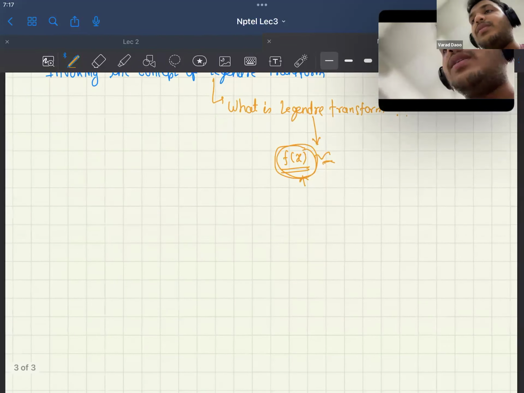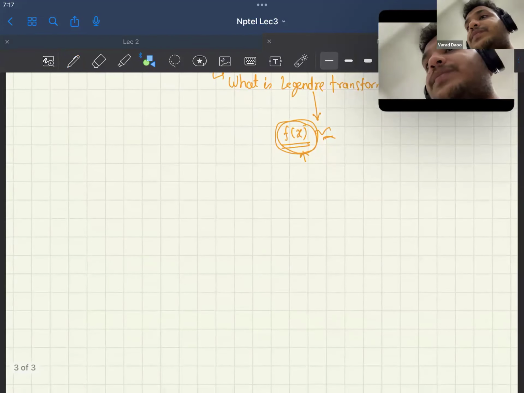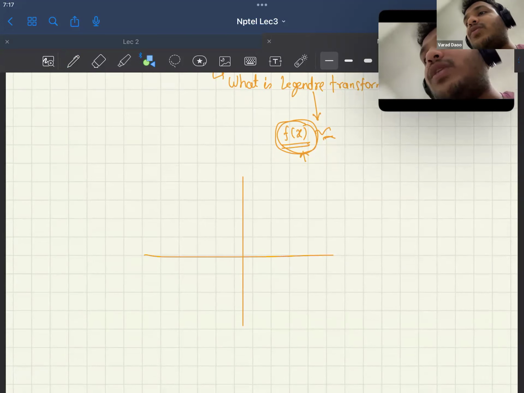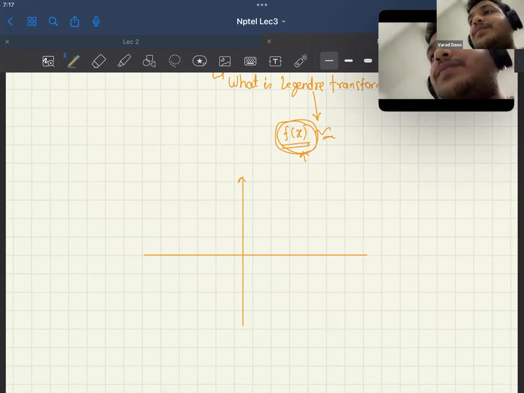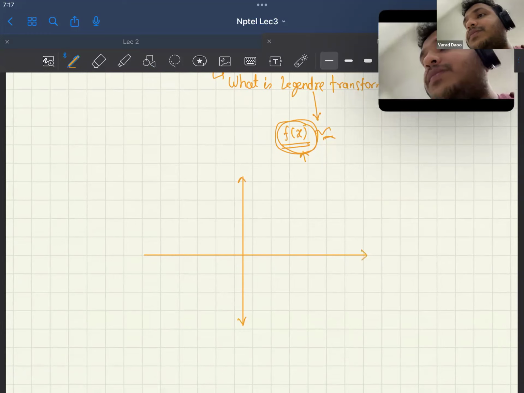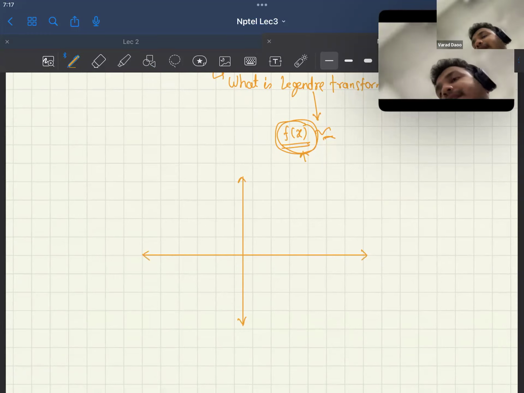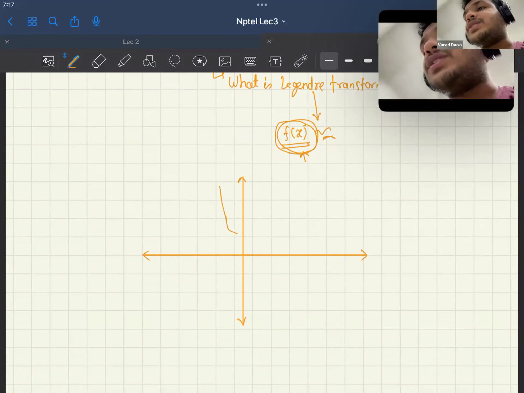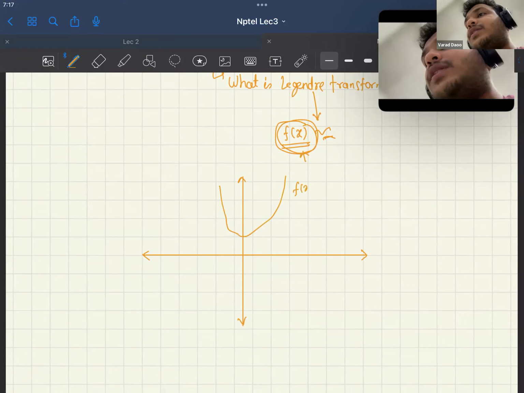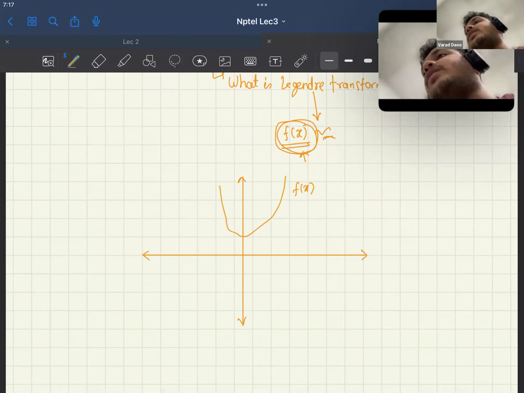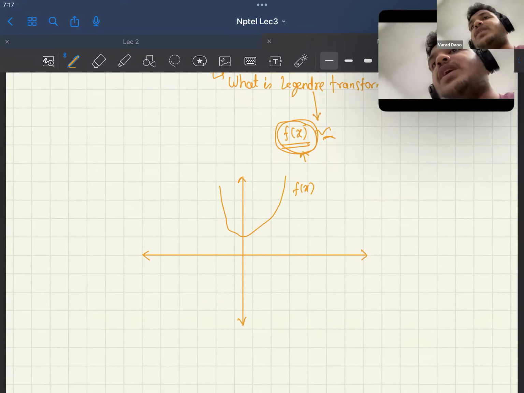Before we start, I will just explain this. So we go like this. Let's say I have some function f of x, but I don't have access to it, I don't have its functional form.